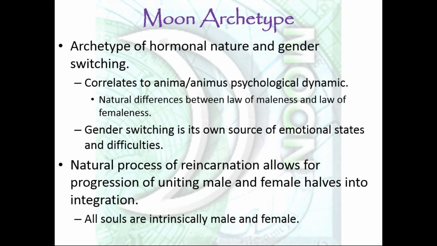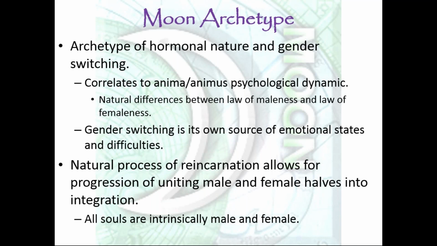Now, another archetype with Moon, Cancer, and 4th house, and this is also true for the polarity, Saturn, Capricorn, and 10th, is the archetype of our hormonal nature and what we know as gender switching. This correlates to the anima-animus psychological dynamic. Anima is the female, animus is the male.